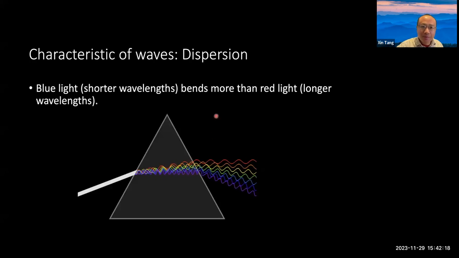Also, because of the wavelength and frequency difference of the light, if you have combined light fed into the lens or into the glass material, depending on their frequency, they actually have different refractive indices.